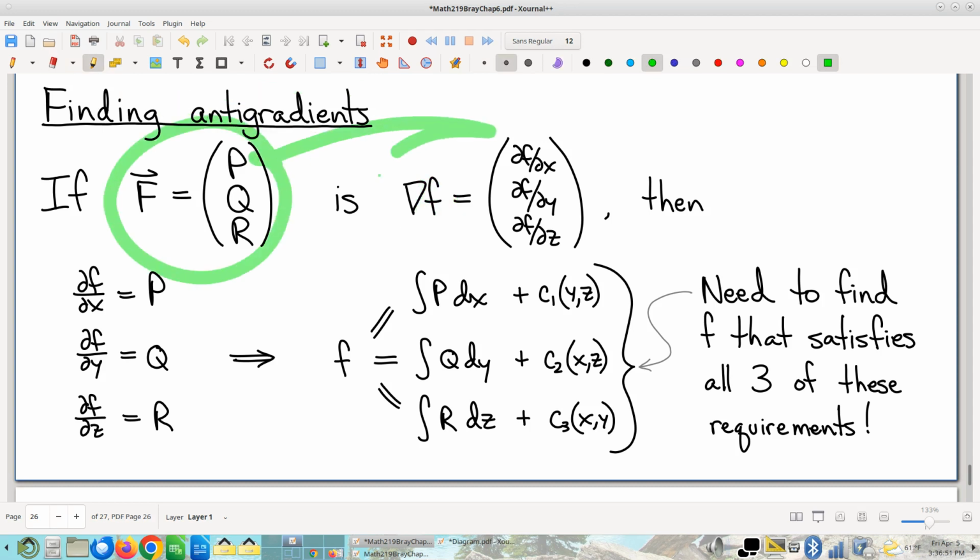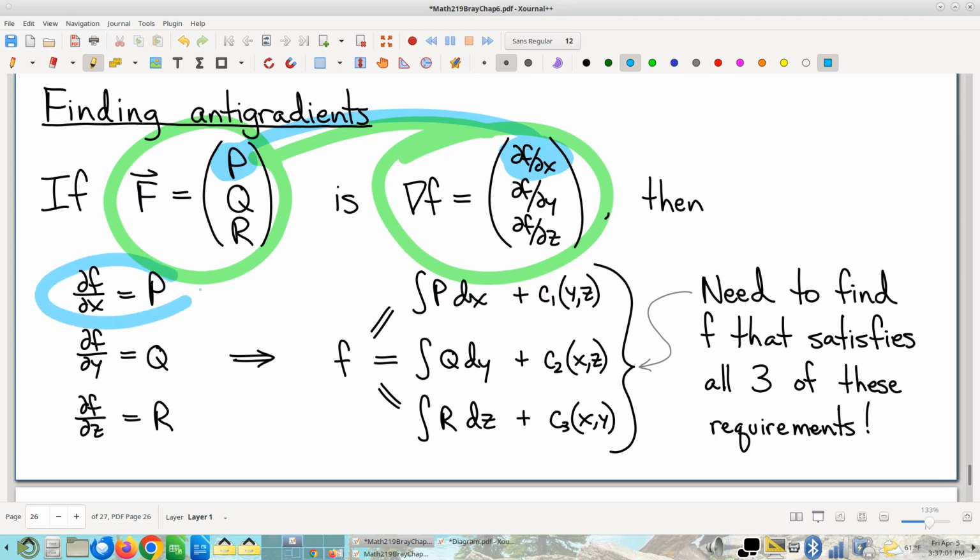If your vector field is an antigradient, then the coordinates of f are the coordinates of the gradient. So, for example, the partial of f with respect to x is P. Which, by the way, you can phrase backwards: f must be the x antipartial of P. So make sure you're comfortable with my claim here.